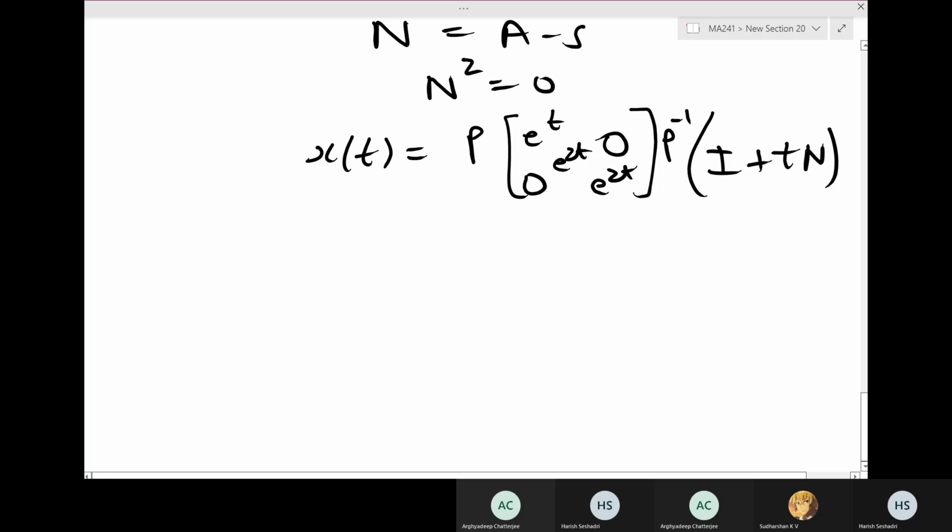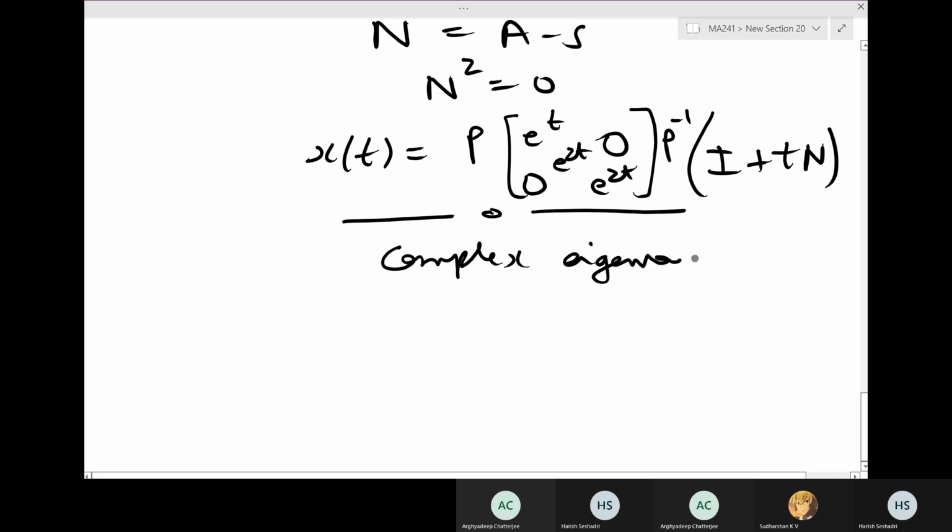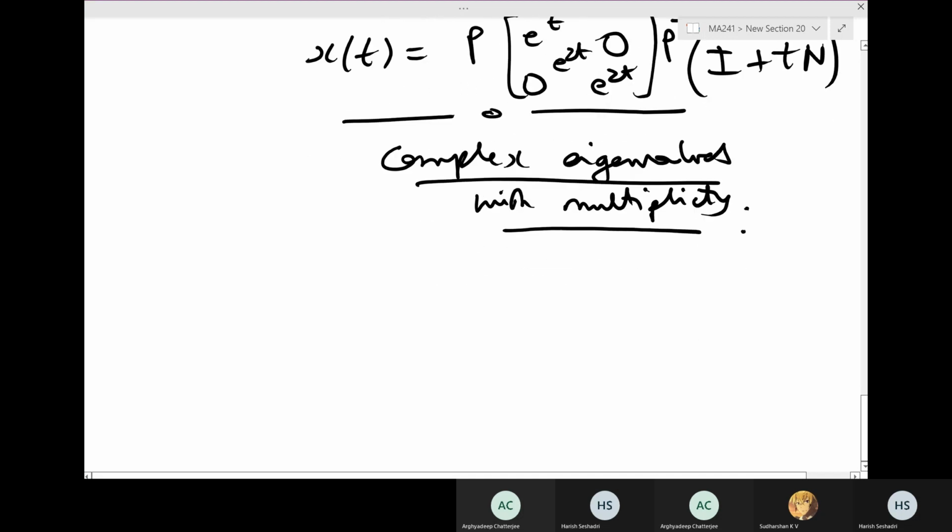So the next part of the story is: again, let me remind you that when he says complex eigenvalues, he means the imaginary part should not be zero.